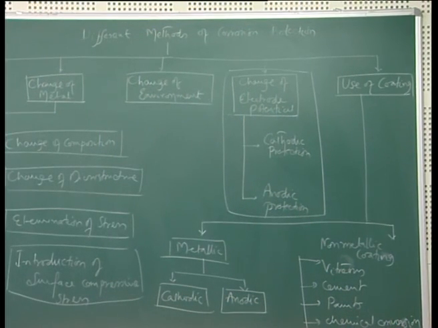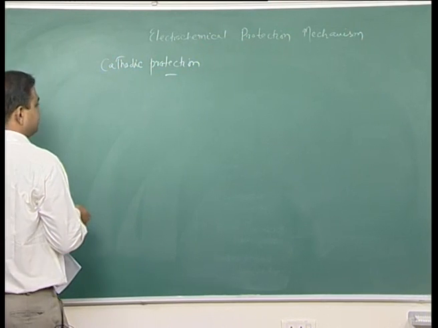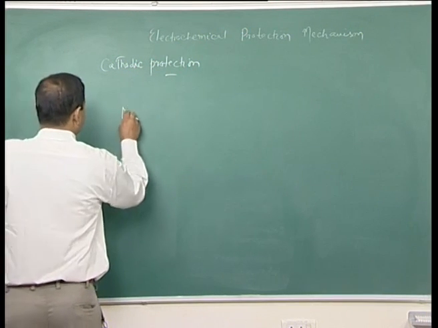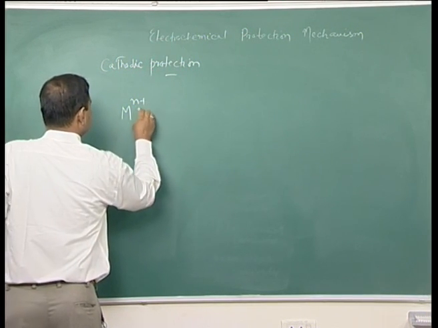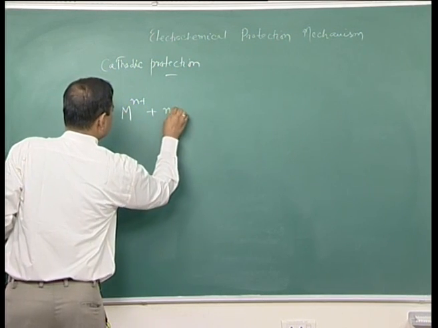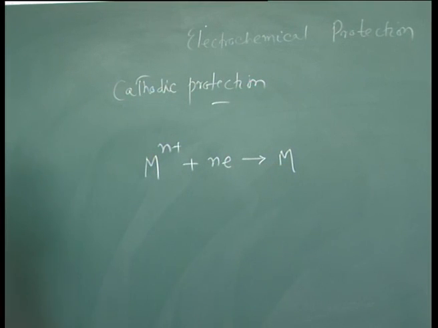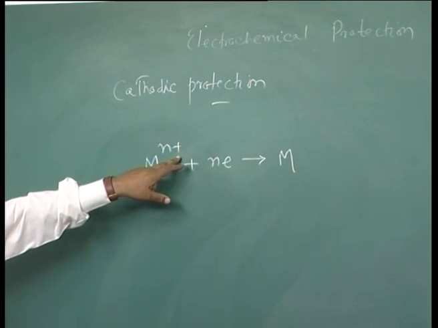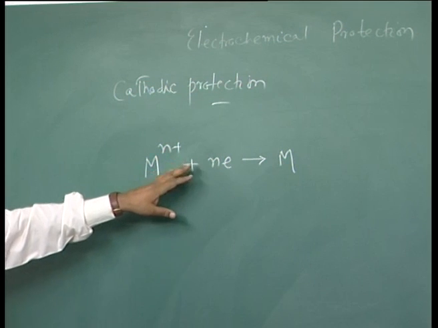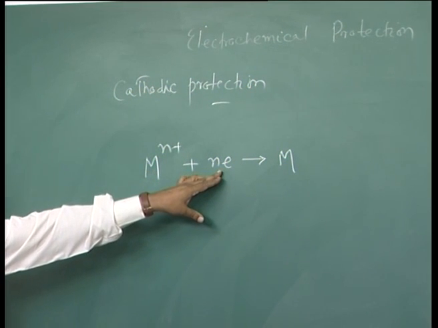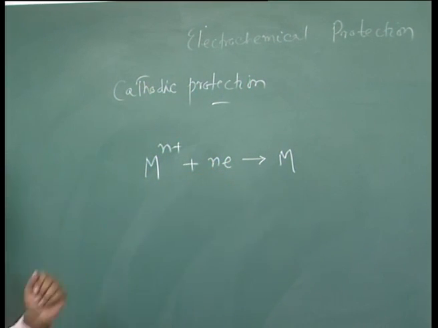In case of cathodic protection, before we start, let us see what the cathodic reaction is. Let us say this is my cathodic reaction: M^n+ ion takes n electrons and goes to M. This is the cathodic reaction.